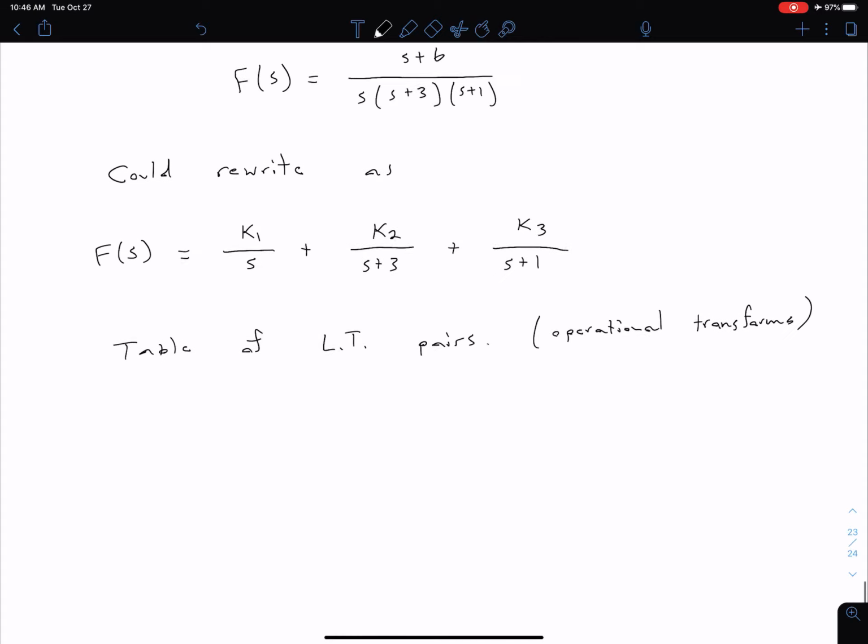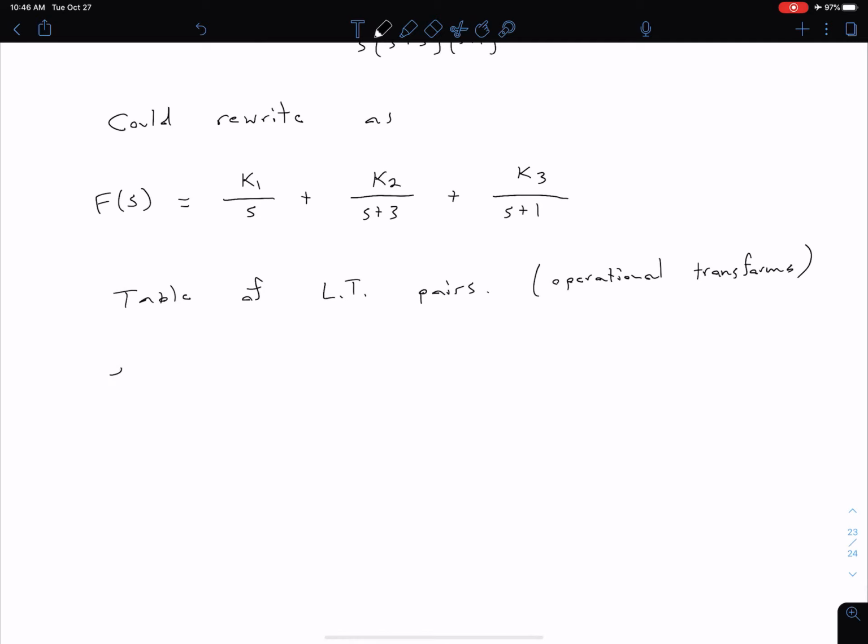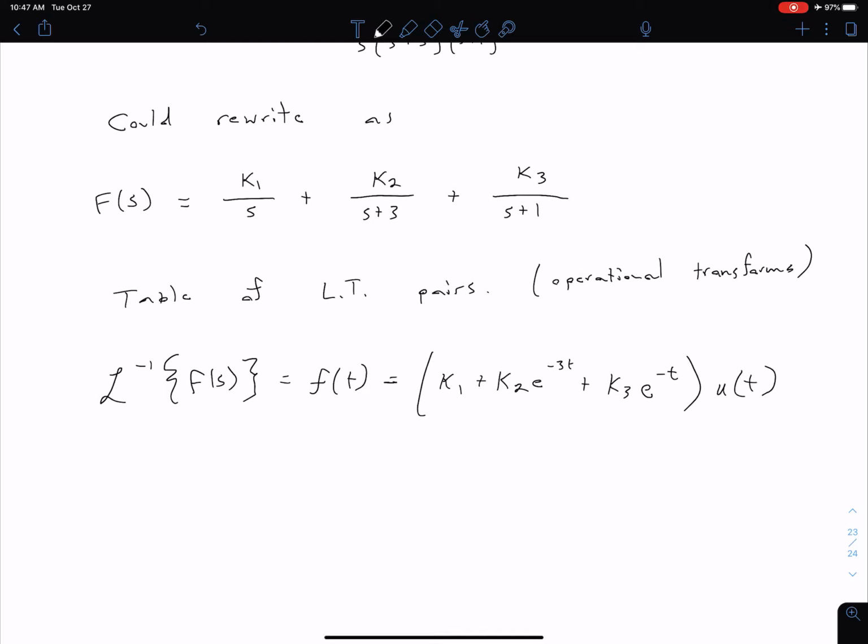And so what we could see is, the inverse Laplace transform of our function F(s) is equal to f(t), and in this case we would have k1 plus k2 e to the minus 3t plus k3 e to the minus t, and all of that multiplied by our unit step function u(t).